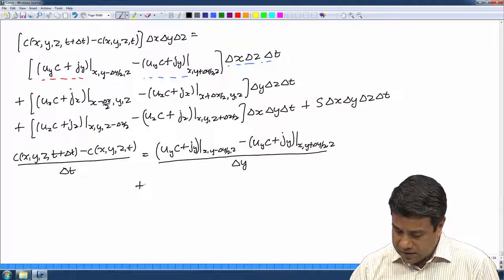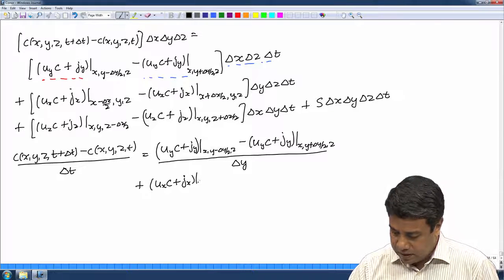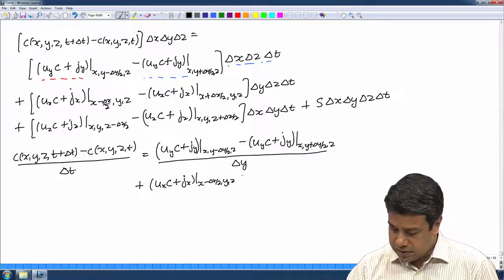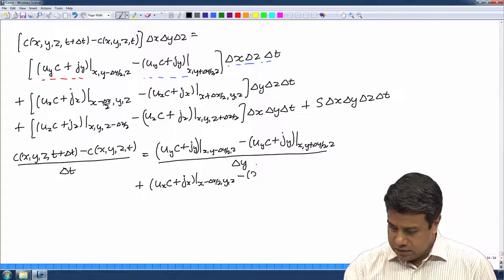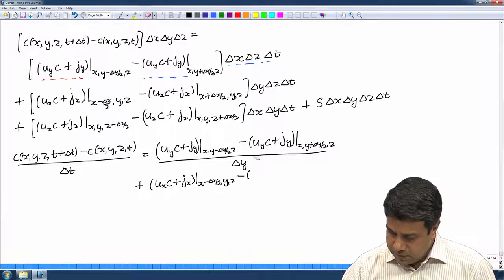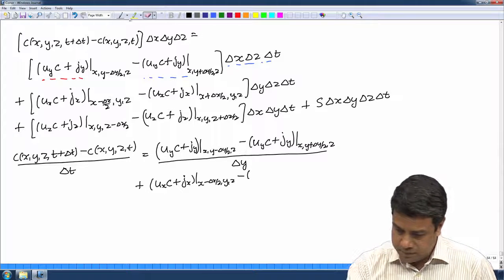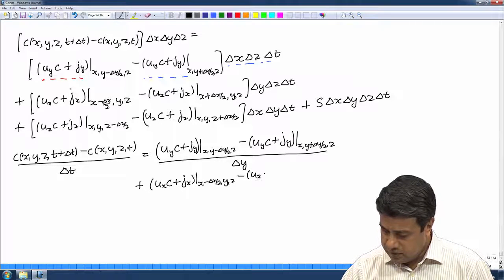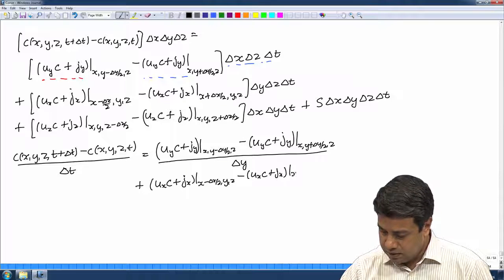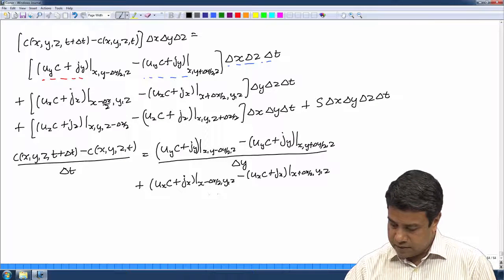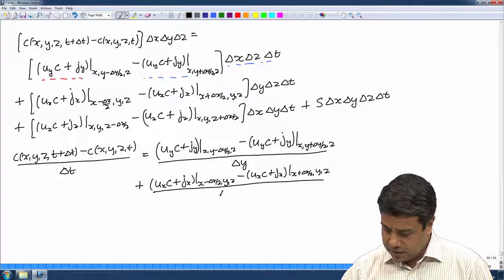Similarly, you will get for the x and z directions. For the x direction, you will get u_x c plus j_x at (x minus delta x by 2, y, z) minus u_x c plus j_x at (x plus delta x by 2, y, z), divided by delta x.